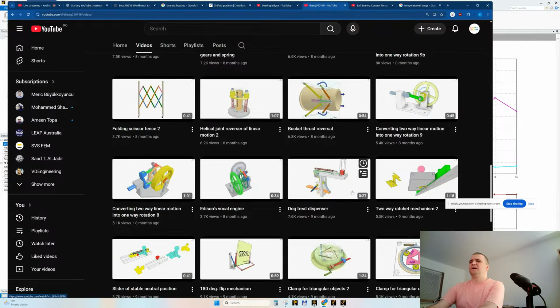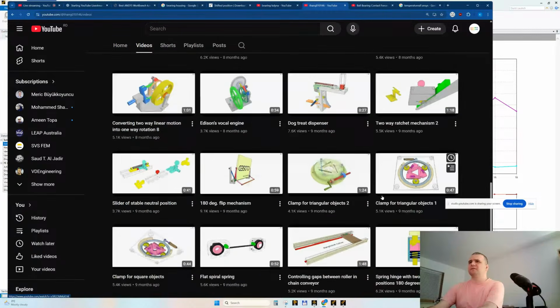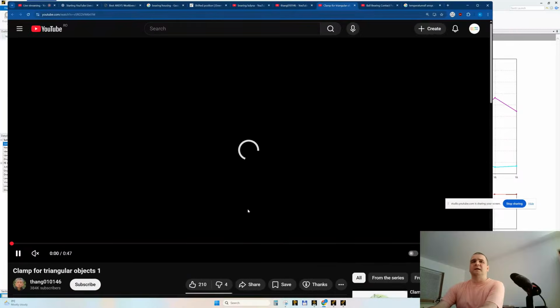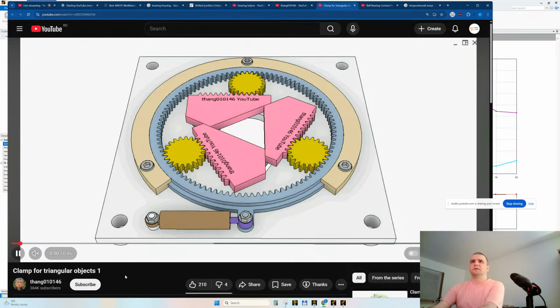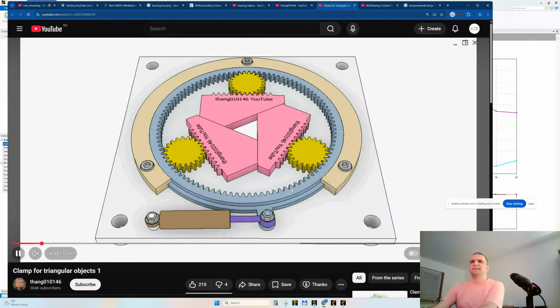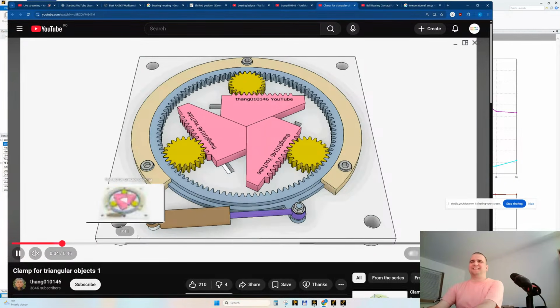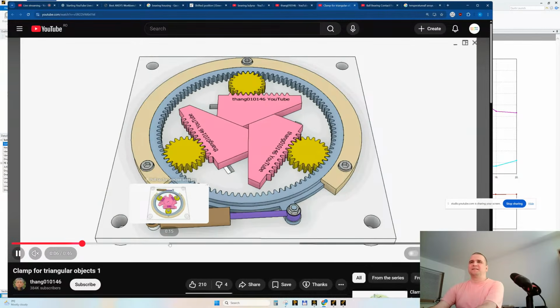Oh, finally someone who has something to show. This I need to say. Clamp for triangular objects. Oh my god. Oh, this is poetry. Mechanism poetry.